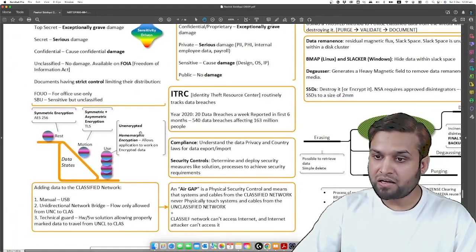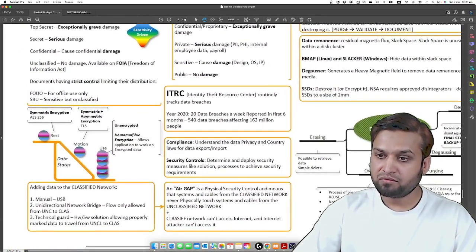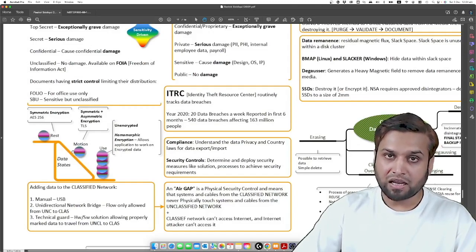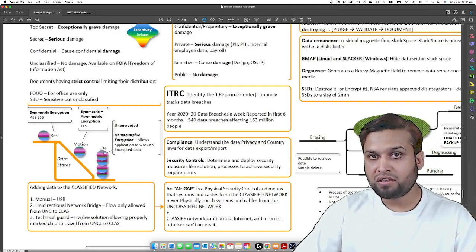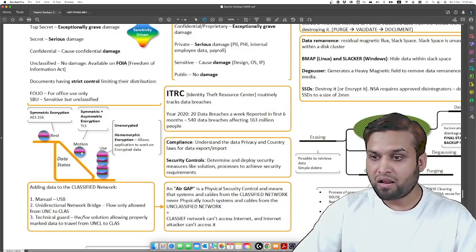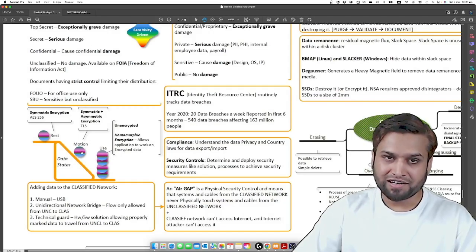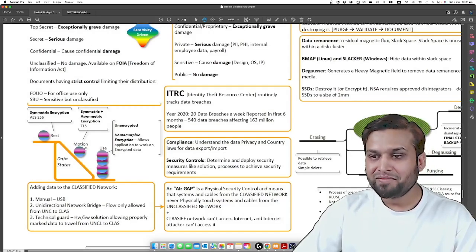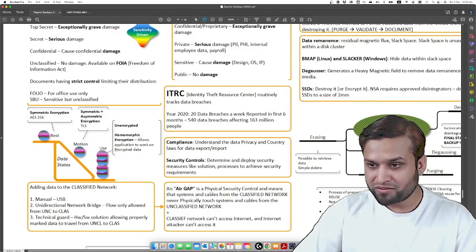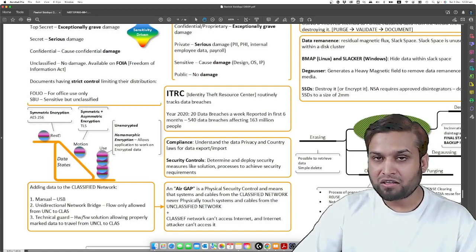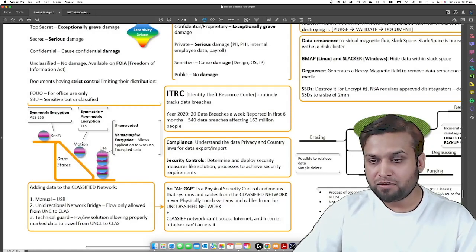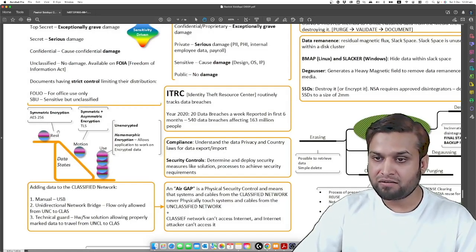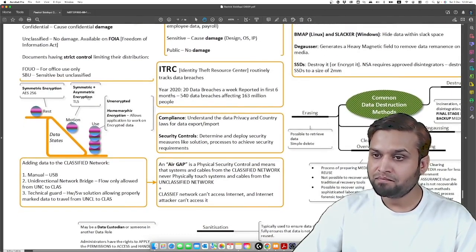We also discussed that data states could be of three types: data at rest, data in motion, and data in use. So what are the common techniques we deploy there? In data at rest, we use AES 256.